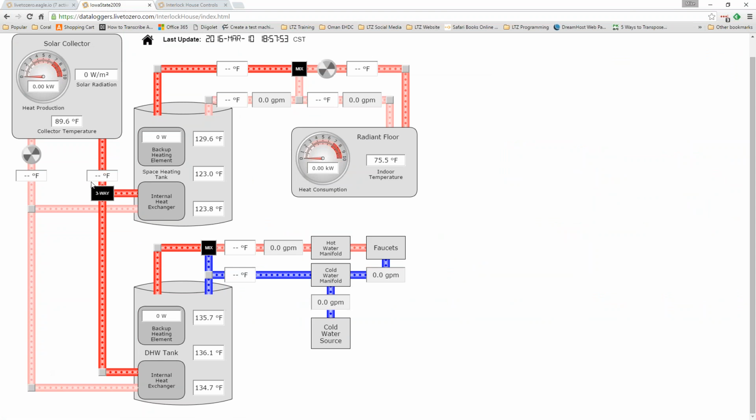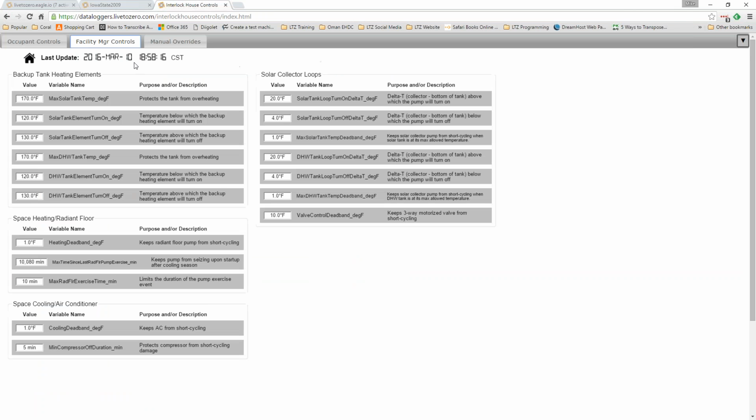But the pump that's circulating the water through the collector and into the tank is not operating because the collector temperature is 90, the bottom of this tank is 135, and this tank is 124. If this pump turned on, it would actually be cooling the tanks. And those set points are also in here, the solar collector loop set points, stuff like that.